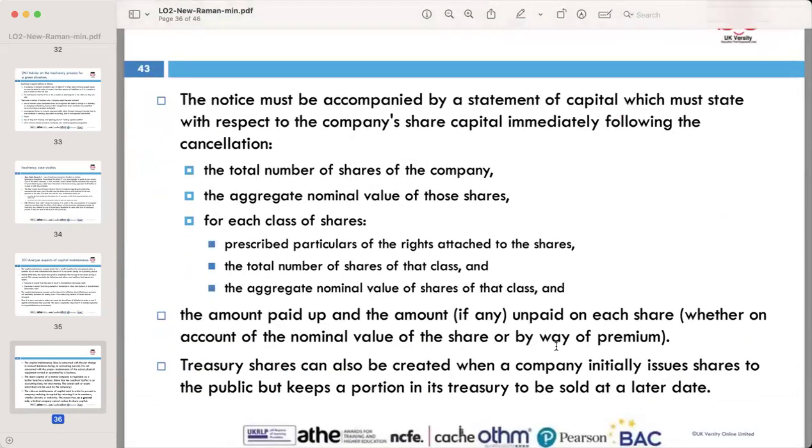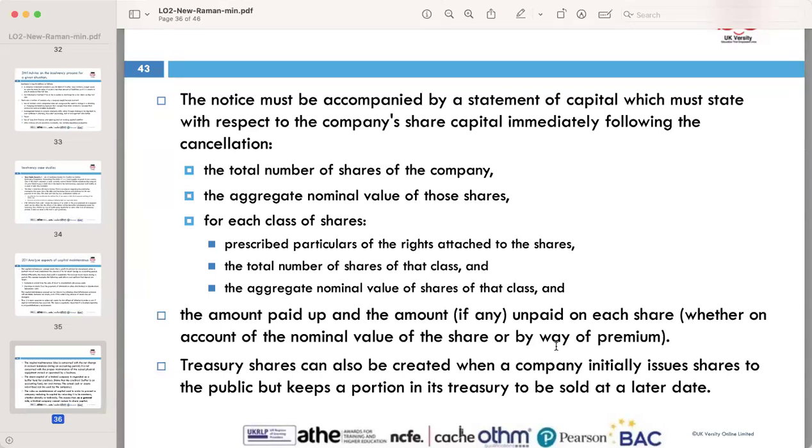Some final words for additional information. The notice submitted for cancelled treasury shares must include a statement of capital, providing comprehensive details about the company's share capital immediately following the cancellation.